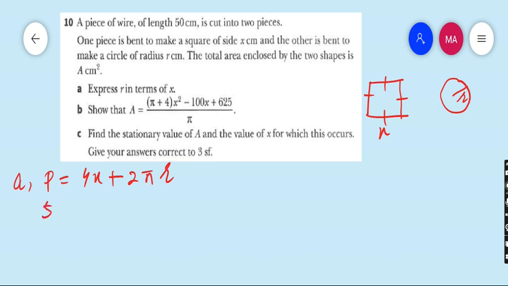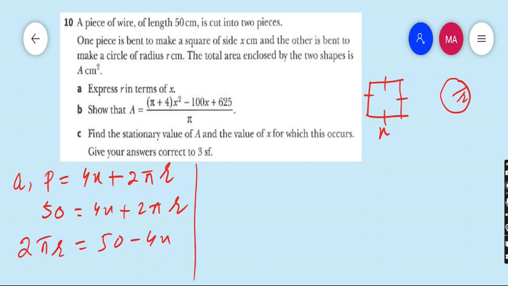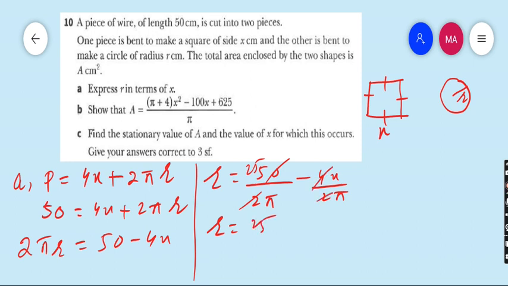Perimeter is given 50, 4x plus 2πr. Therefore 2πr is 50 minus 4x and r is equal to 50 upon 2π minus 4x upon 2π. r is equal to 25 upon π, 2 2s are 4, so 25 minus 2x upon π. This is the final answer of part A.